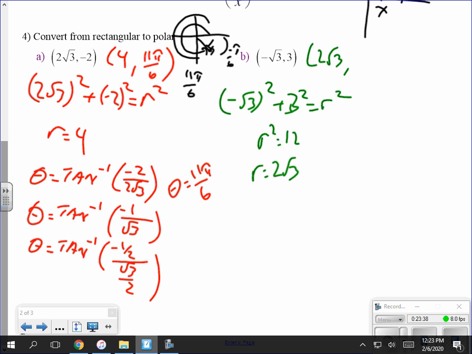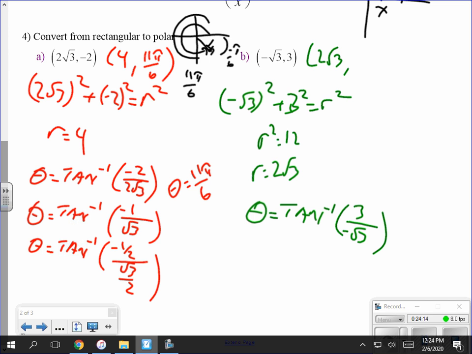Now I got to figure out my theta, and it's a little more difficult. Same idea though. So I set up theta is equal to the inverse tangent of y over x, right? 3 over negative root 3. Which is actually a version of root 3 over 1. So that would be root 3 over 2 over 1/2.